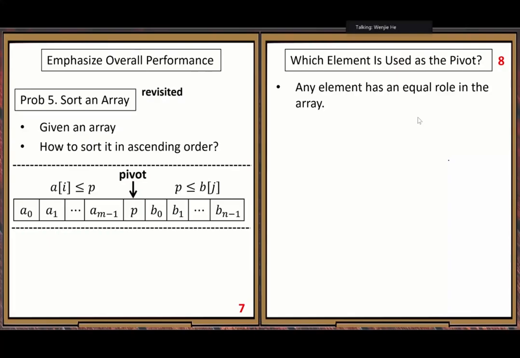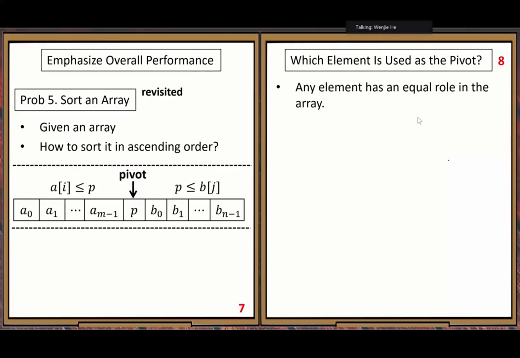Then any element has an equal probability to be the value at the beginning, at the end, in the middle, in any position. Any value has the equal probability to be there.